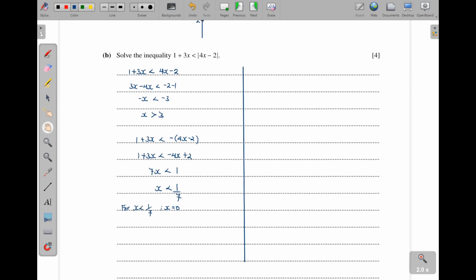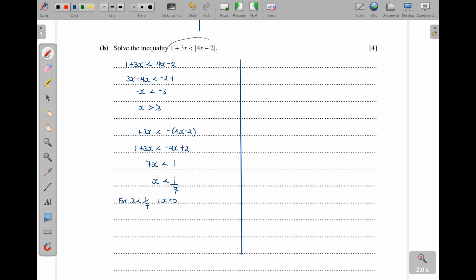Then I ask myself a question using what is here. This will be 1 plus 0. Is it less than the modulus of 0 minus 2, which is 2? So is 1 less than 2? Yes. So that means this is a solution.